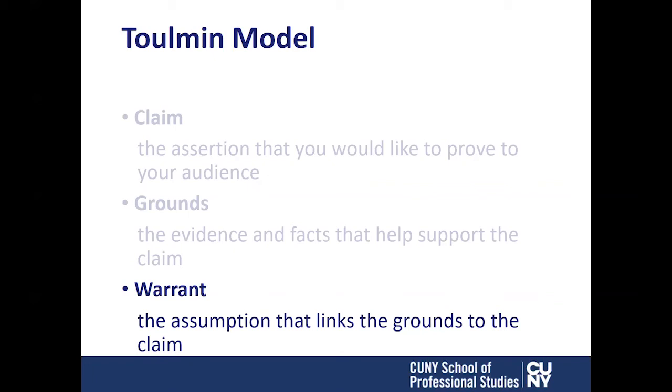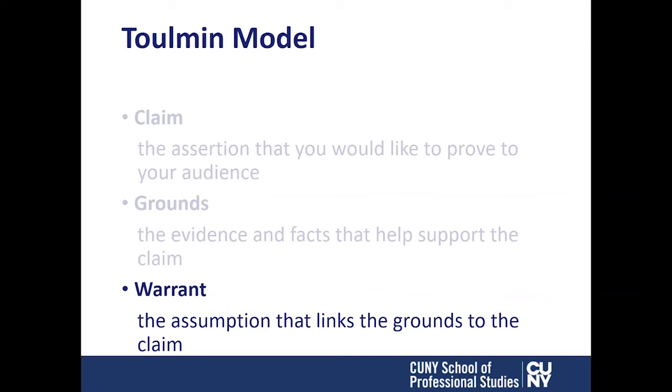Dogs are better pets in cities than cats. That is my claim. Because dogs are able to guard their owners' homes more effectively than cats can. That's grounds, right? That's evidence that supports my claim.